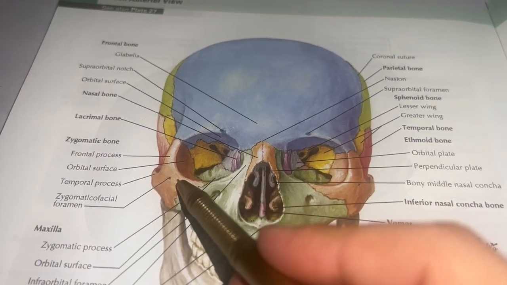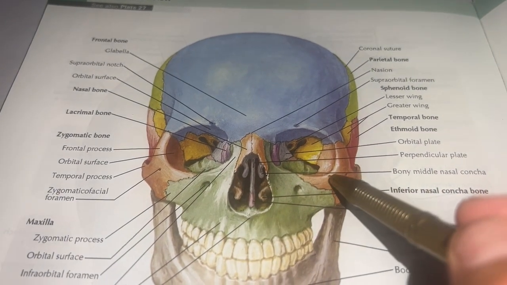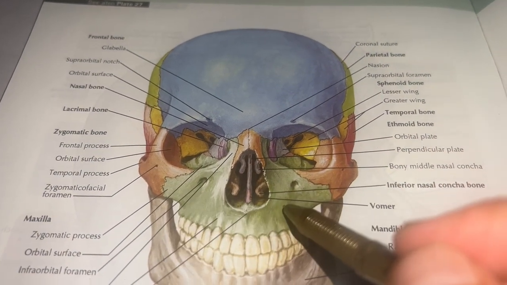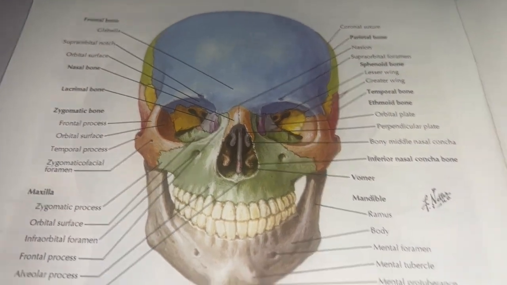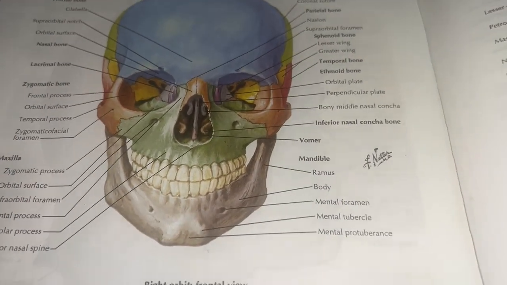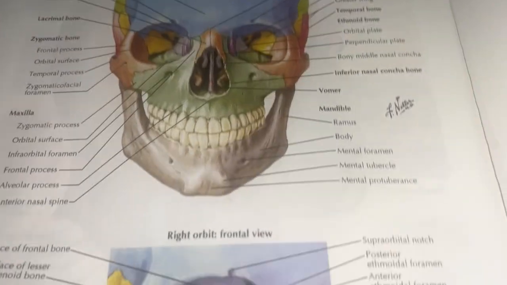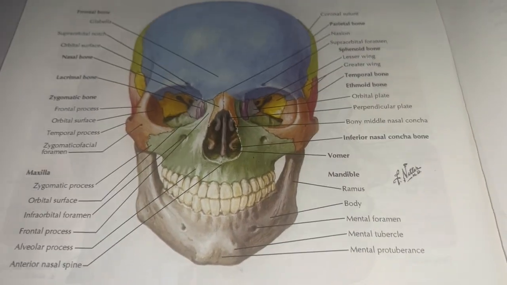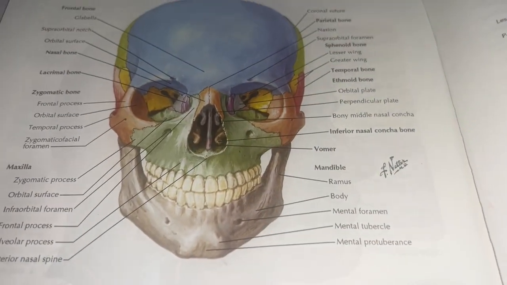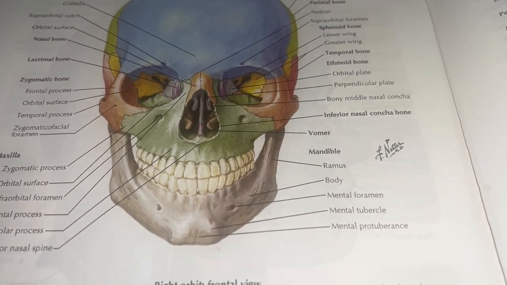These two are zygomatic bones. This bone is the maxilla, which forms the upper jaw, and this one is the mandible, which forms the lower jaw. So these are the bones in the Norma Frontalis.